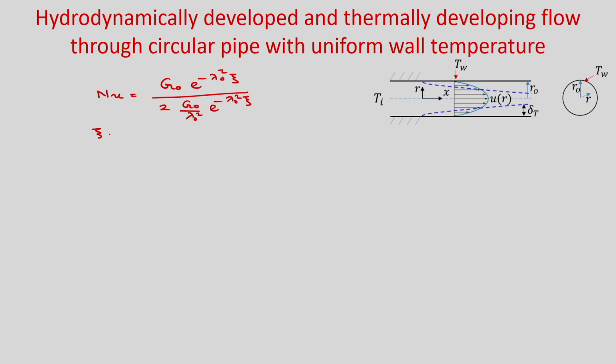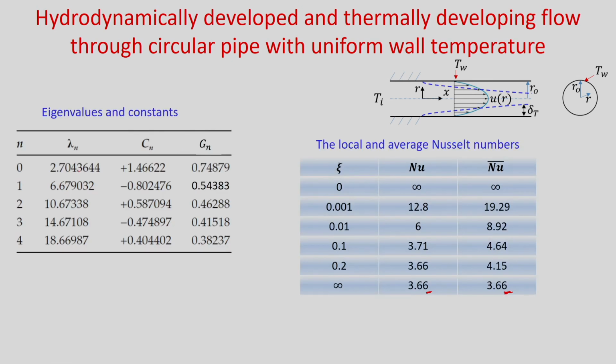Now xi tends to infinity, considering only the first value, n equal to 0, and neglecting the other terms with n greater than 0, because they are exponentially decaying and give very small values. So the Nusselt number will be lambda 0 square by 2, and from this table lambda 0 is 2.7043.